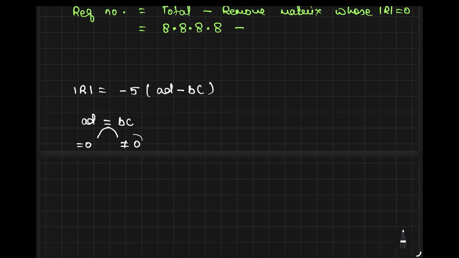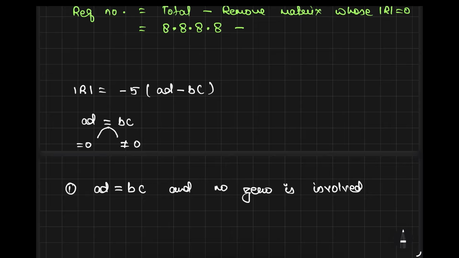So it is non-zero, and if this is 0 and this is 0, this will come under this condition. I hope the idea is clear. Now look at this. First I will solve the condition where AD is equal to BC and no 0 is involved.